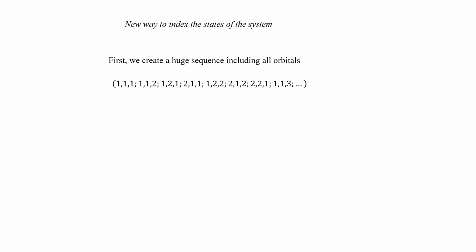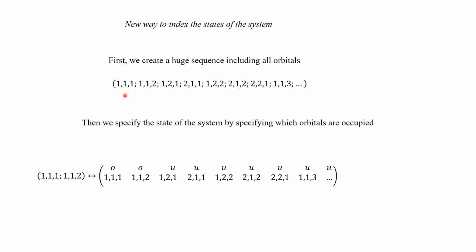Now let's define a new strategy to index the states of the system. So we're gonna index each state of the system by first creating a huge bracket containing all possible orbitals of the system. So this sequence goes on and on forever, containing all possible combinations of natural numbers. Then we can specify the state of the system by specifying which orbitals are occupied.